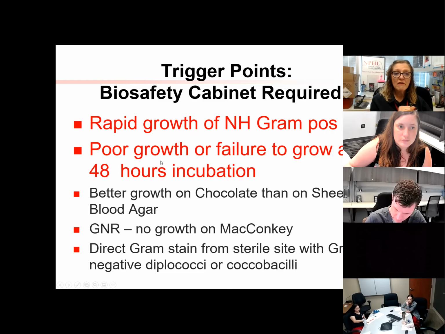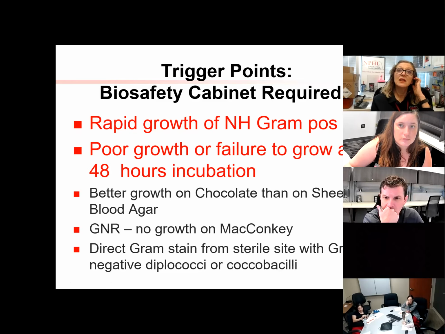If you have an organism that's not growing, and it happens on occasion, doesn't it? You have no growth at 24 hours, you didn't see anything in the gram stain, and then lo and behold, here you have something growing at 48 hours. Don't even try to do the gram stain on the open bench.